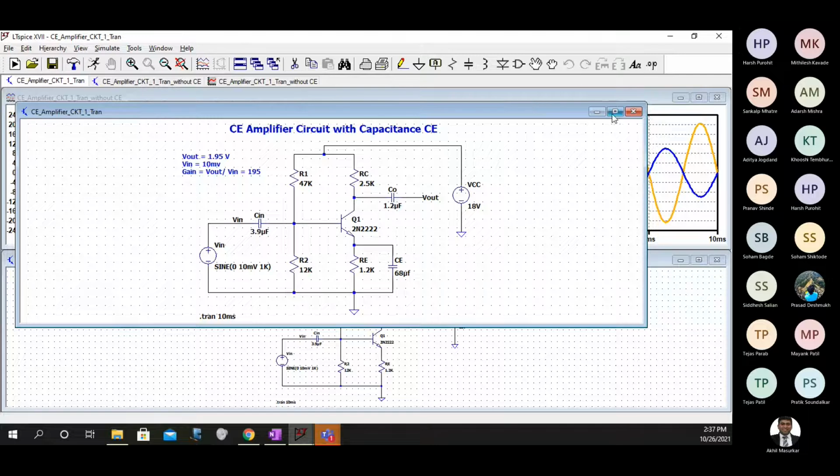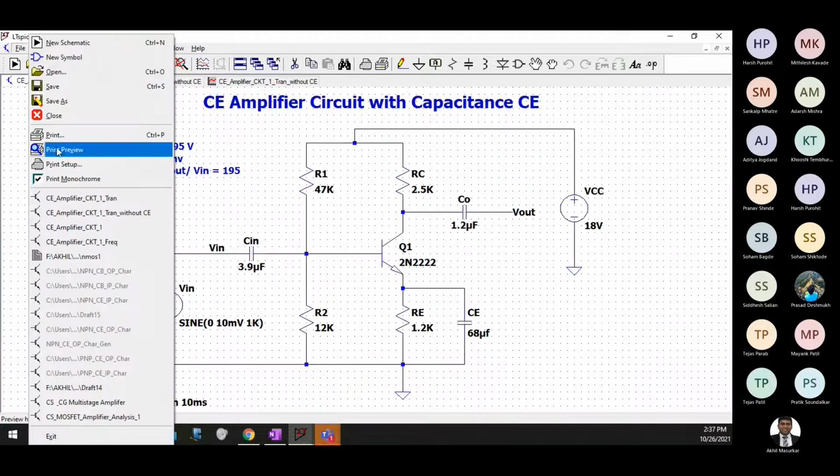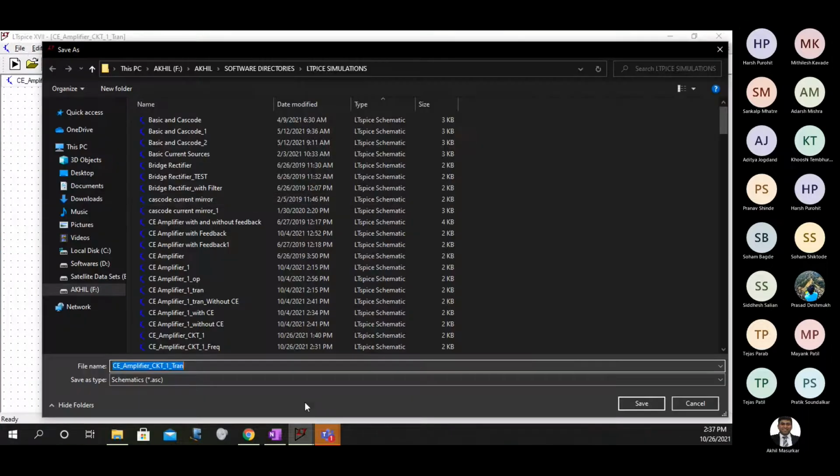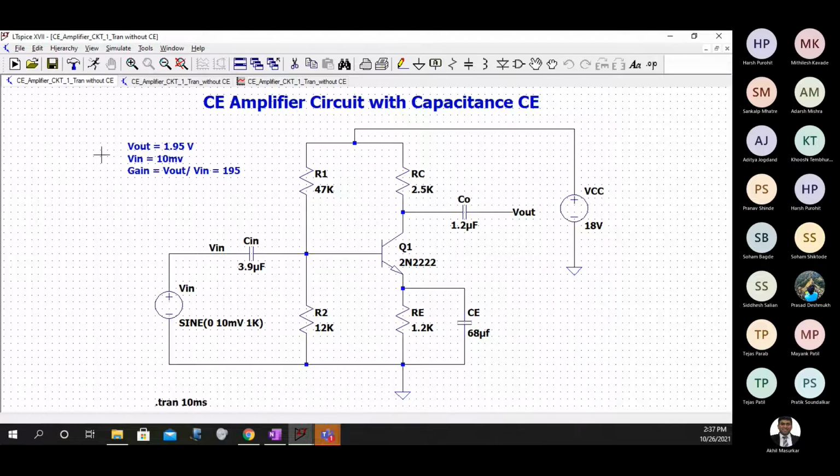Let me just save this file, save as without CE, and in this circuit I again remove the CE.